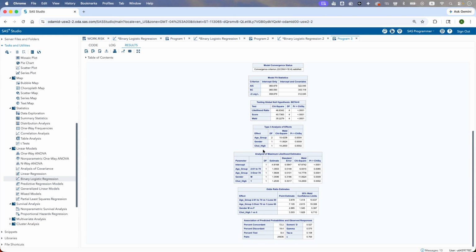The analysis of effects here, the type 3, tests whether each variable as a whole contributes to the model significantly. So age group, for instance, contributes significantly to the model. So we have one p-value here. And we have 2 degrees of freedom because we have 3 categories here: the reference plus the 2 dummy variables. So what we're asking here: does the age group overall matter or not?